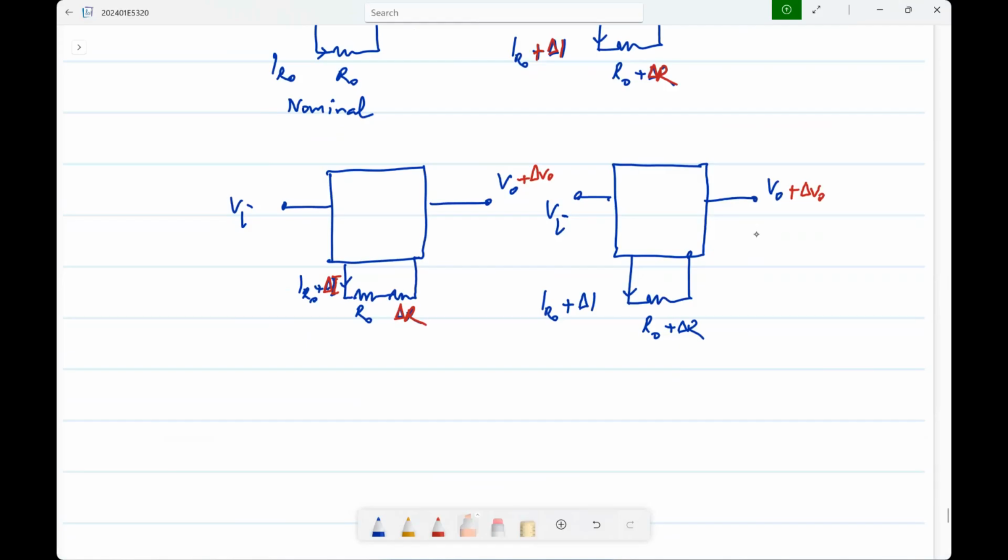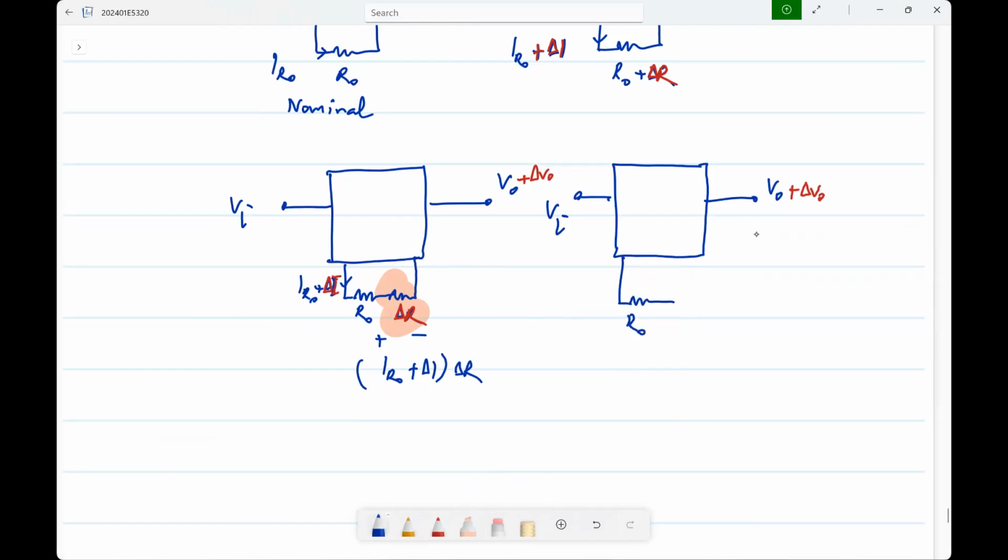So now I will do it for this particular one. What is the voltage across this? IR naught plus delta I times delta R. Sorry, here what I wanted was a voltage source.